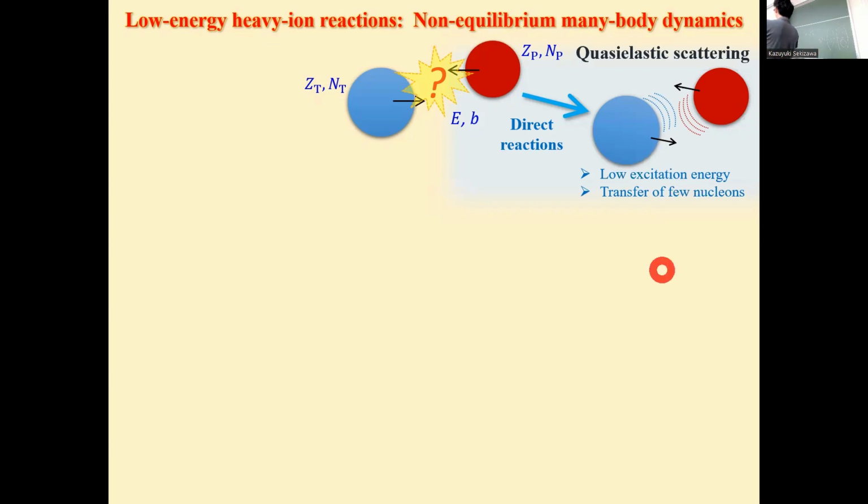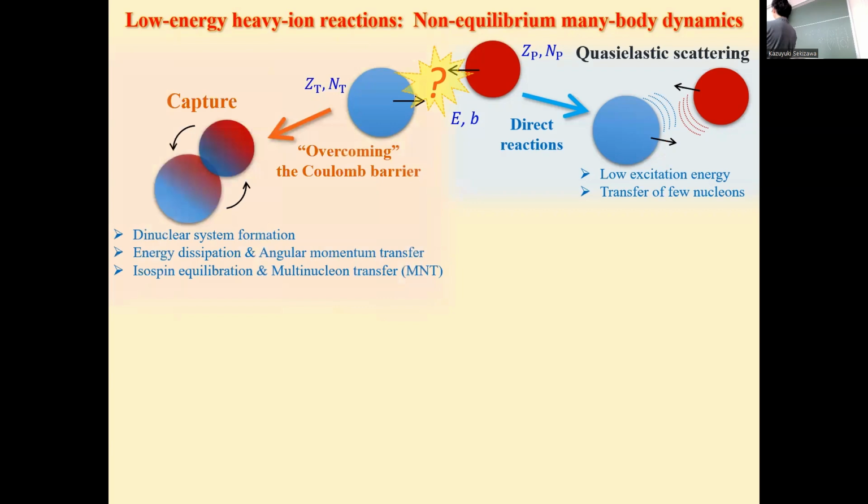But in the case above the barrier, two nuclei collide and touch, and capture takes place. Two nuclei merge, and it forms a dinuclear system, a composite system of two nuclei. You can regard this as one elongated nucleus.